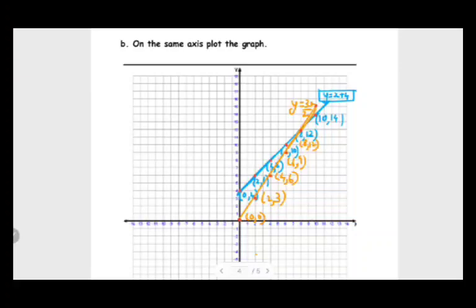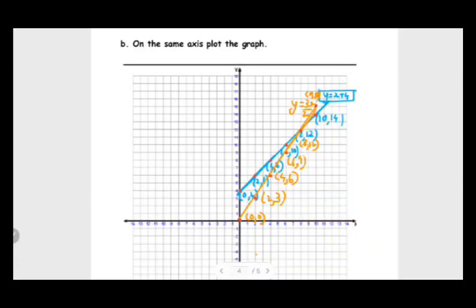Then 10 and 15. I thought I missed out on one, but no, I've not missed out on anything.